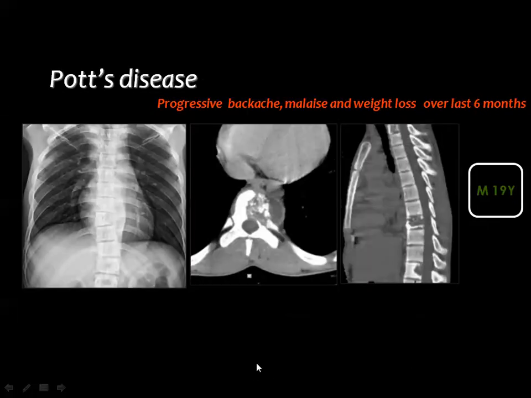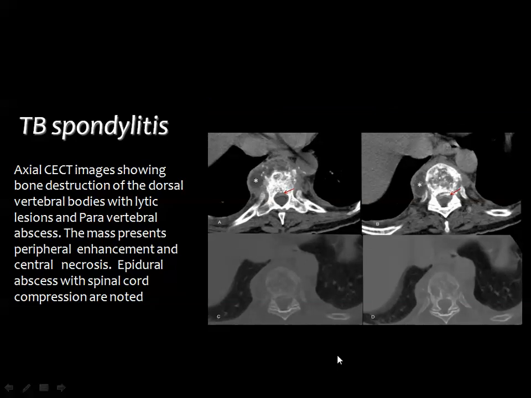representing the cold abscess. And here in the chest or the frontal X-ray of the dorsal spine and the sagittal reconstructed images, you see multiple vertebral pathologies, this lesion and another one with some involvement of the related discs, calcium, and the paravertebral collection representing the cold abscess.